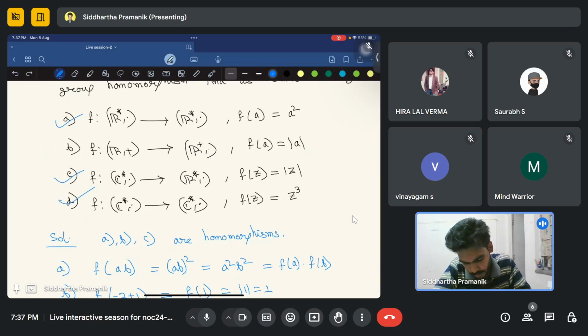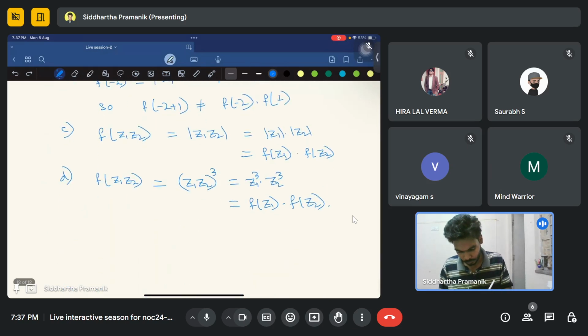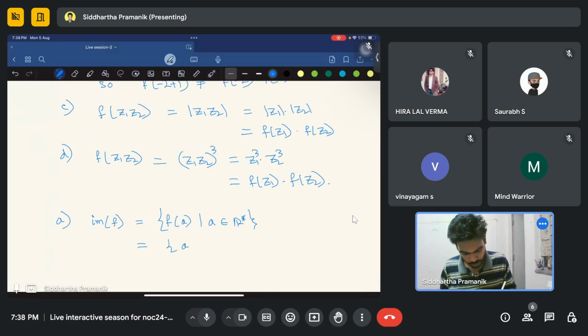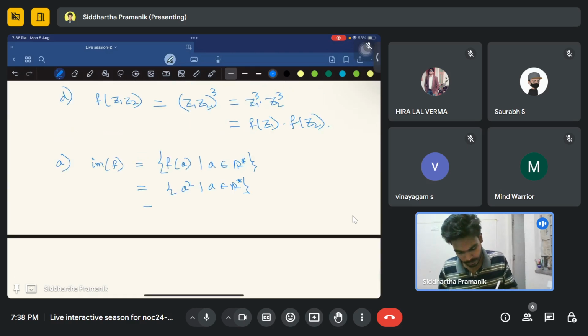So the image should be R plus. Let me write this. So for A, image of f is equal to f of a such that a belongs to R star. This is the definition. And this is equal to a square such that a belongs to R star. So you just quickly verify this is going to be the set R plus.